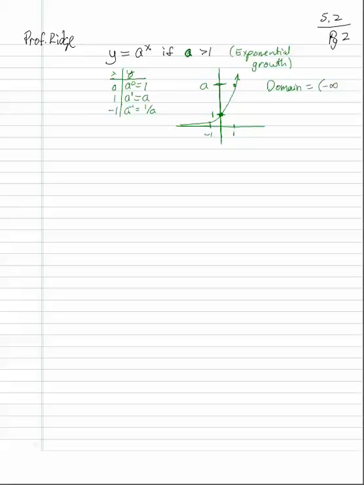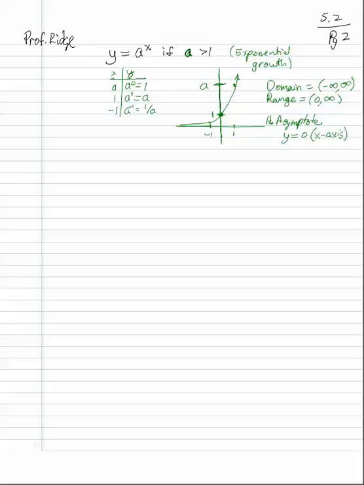And so note that the domain is going to be negative infinity to infinity. And then the range is going to be 0 to infinity. And also note that there's a horizontal asymptote, which is the x-axis, y equals 0.